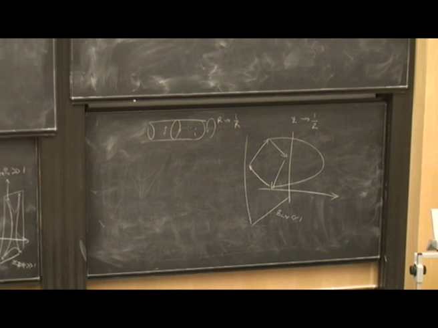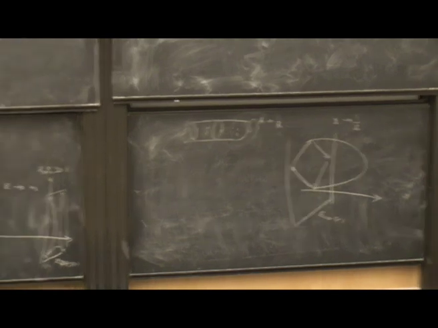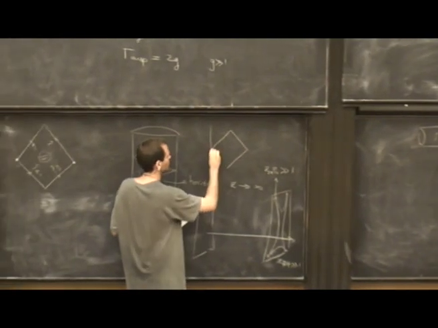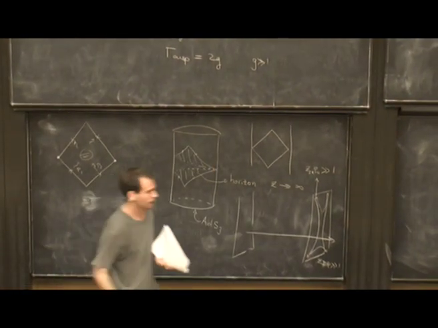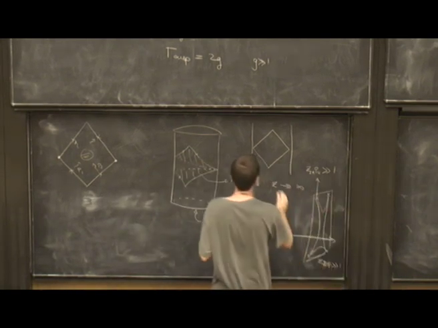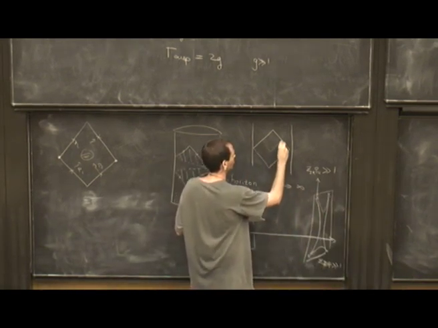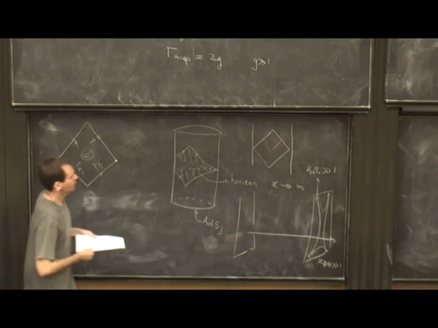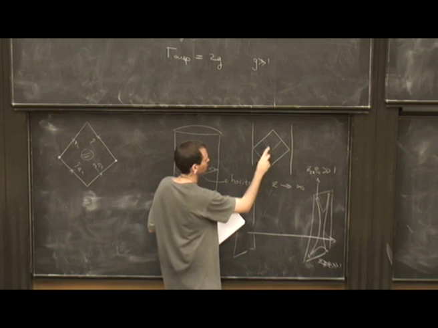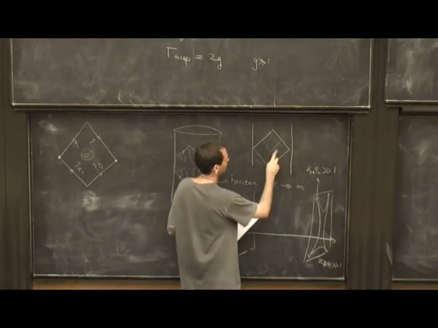If we take this picture, let me just draw it like that. The single cusp is something like this. There is one cusp here, which is visible in this Poincaré diamond, okay?